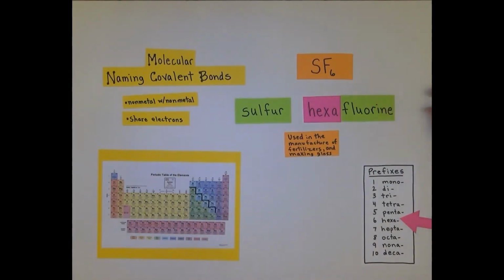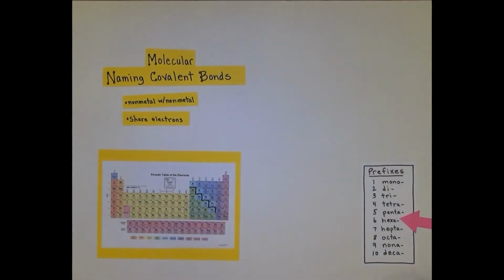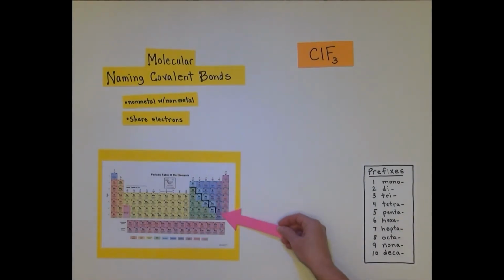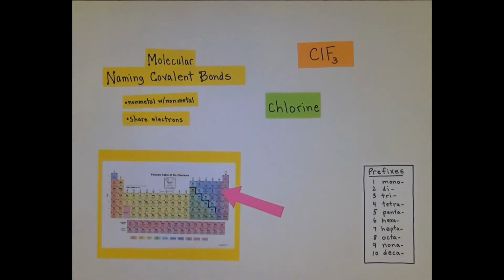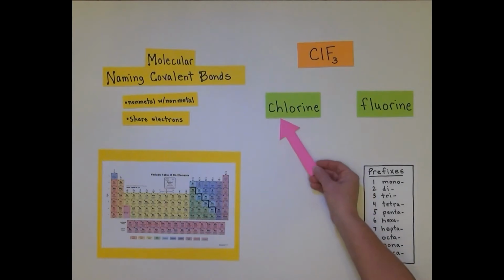Okay, try another one. Next one. Okay, ClF3. Again, remember that these are all nonmetals, so we're going to be looking here on the right side of the periodic table. We have chlorine and we have fluorine. So we're going to put our chlorine down here, and we just used fluorine, so we'll bring that back. And then we take a look at our subscripts. Chlorine has 1, or else it wouldn't be in that formula. Again, that's mono, but it's the first element, so we're not going to use the mono.